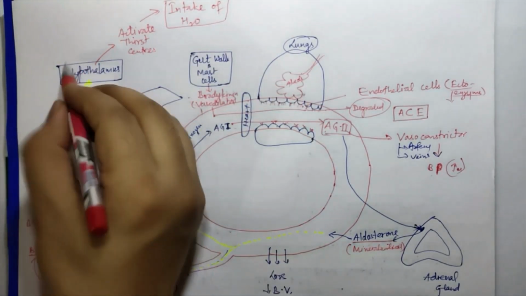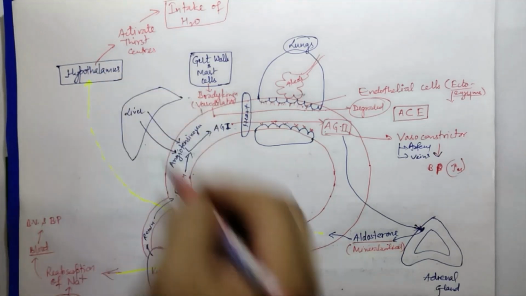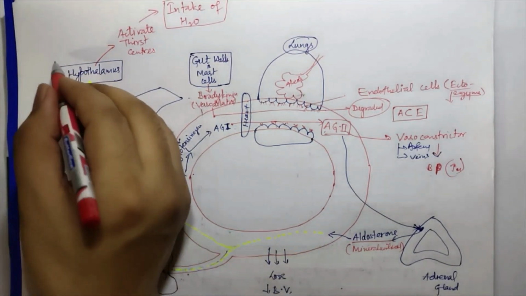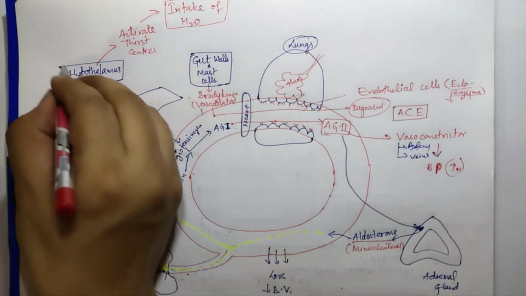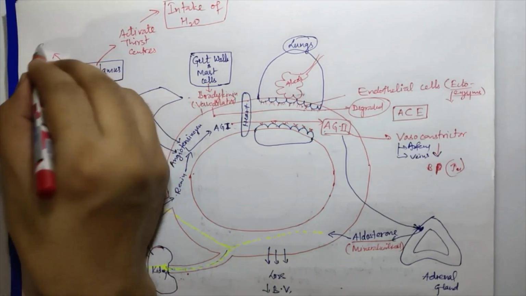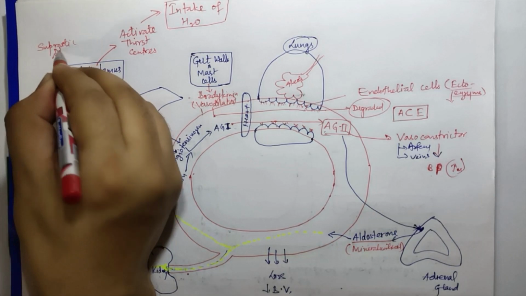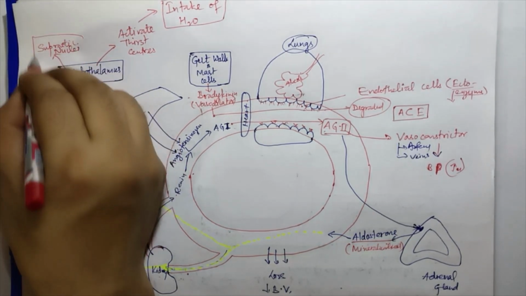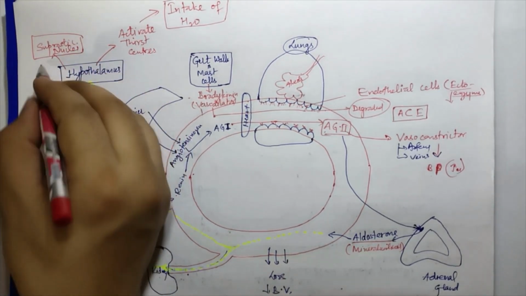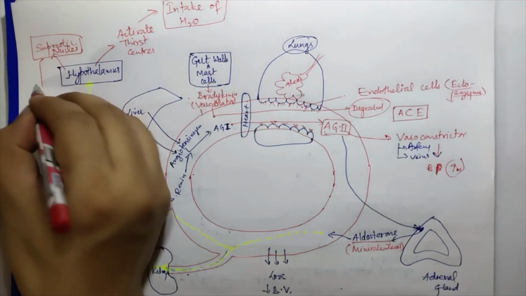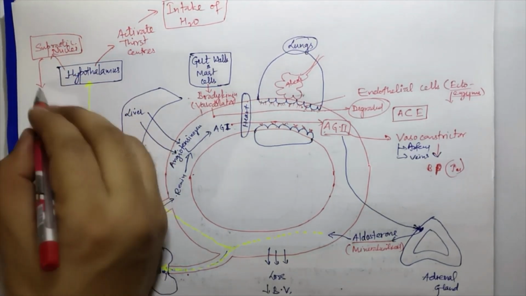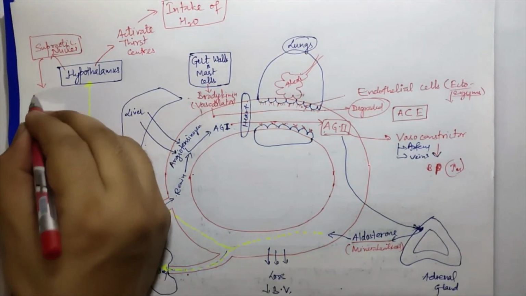And secondly, in the hypothalamus, this aldosterone also triggers the supraoptic nuclei. As you all know, the supraoptic nuclei is concerned with secretion of which hormone, that is ADH.